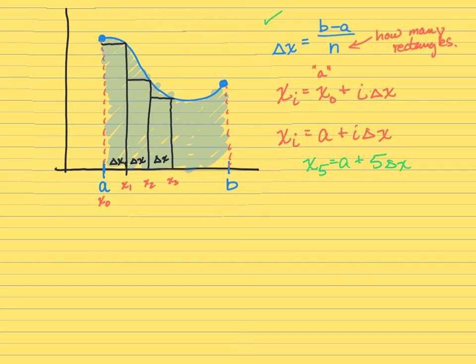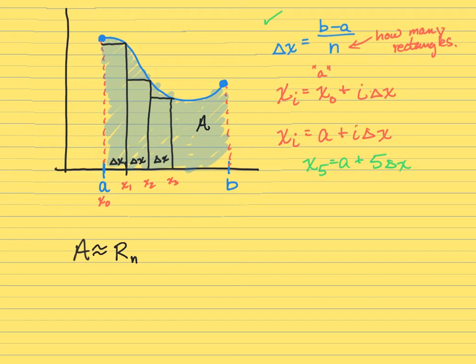All right, so if I want to find the formula for the area of these rectangles, we'll call the blue area A, that's what we're after. That's going to be approximately what we'll call the right endpoint, R sub n.